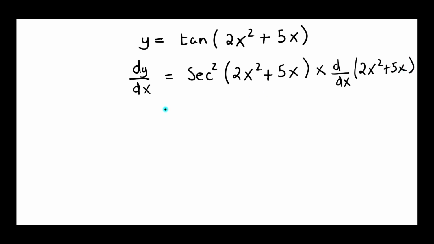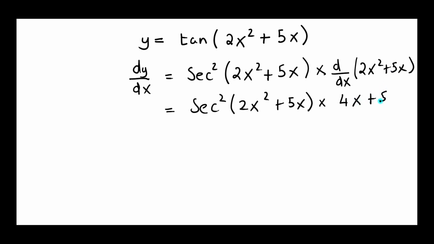So if I go ahead and differentiate that, I'll just write this here first, and that will give me 2x squared. If I differentiate that, that will give me 4x plus 5.